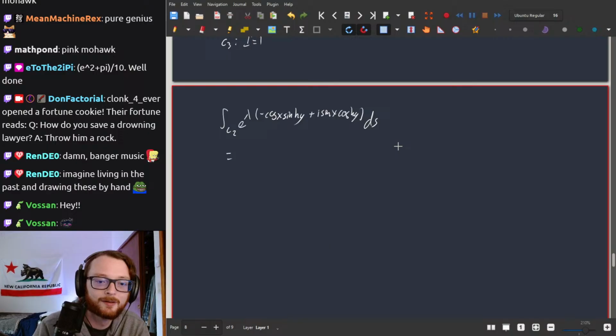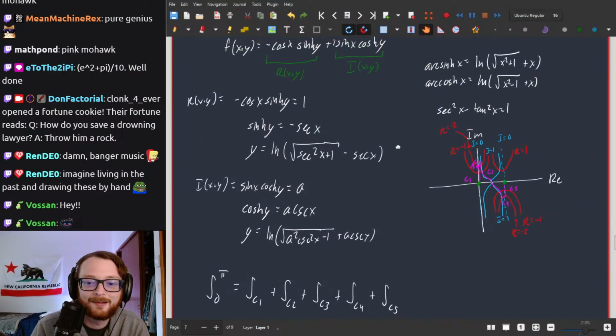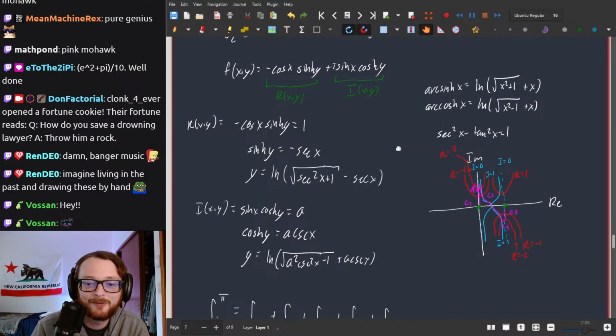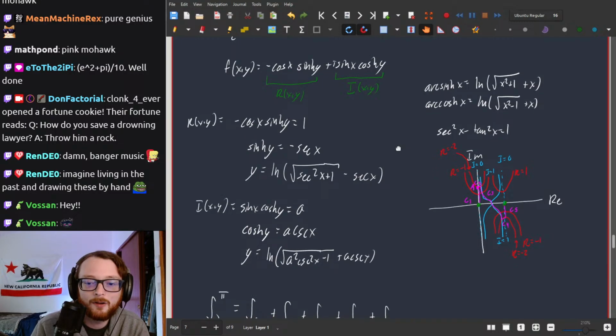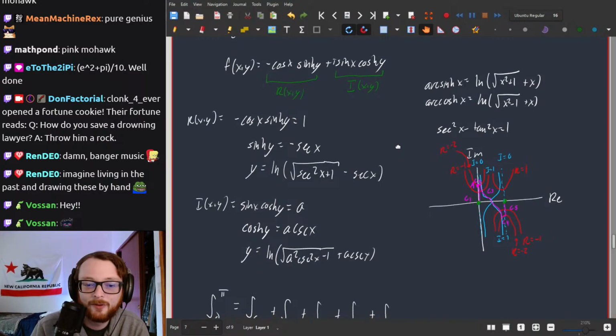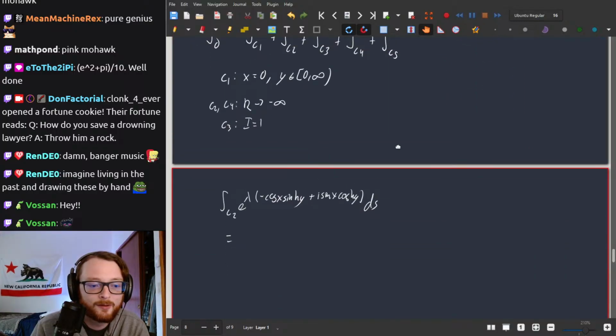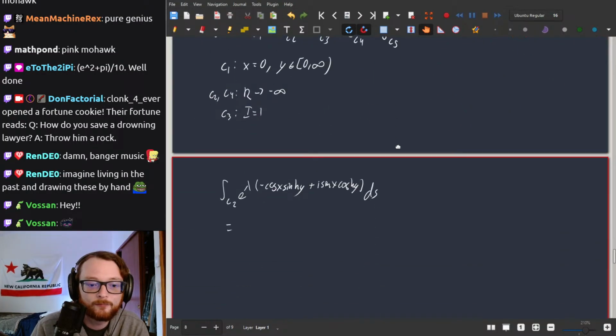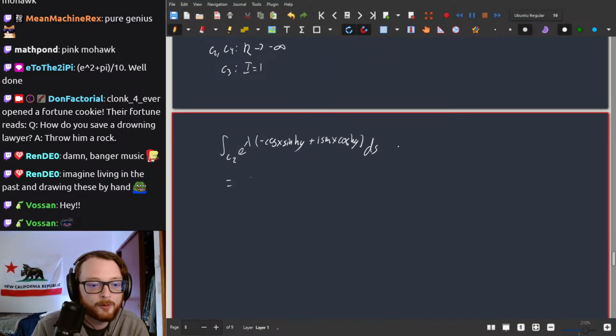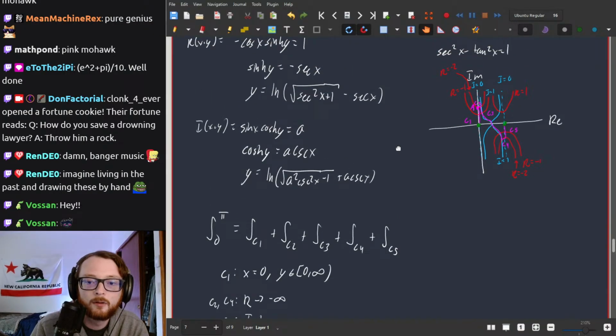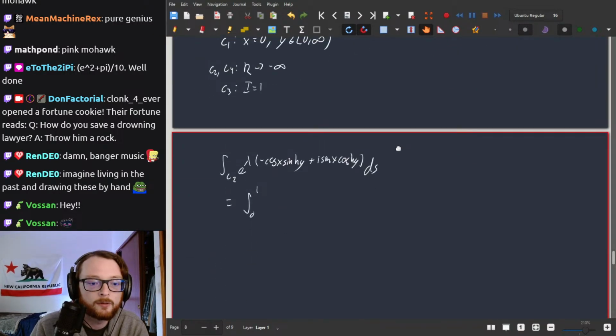R is constant. Oh yeah, oops. I set this up terribly. I think it's even 0 to 1. Well, I don't know. Let's write the other part out first.